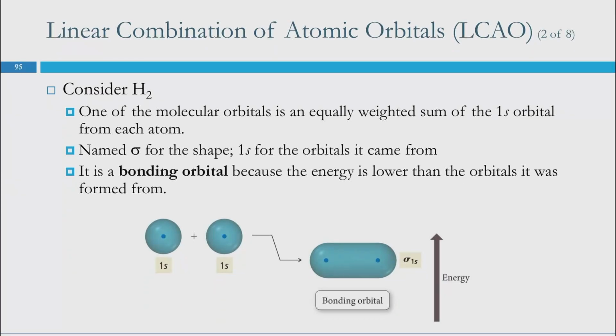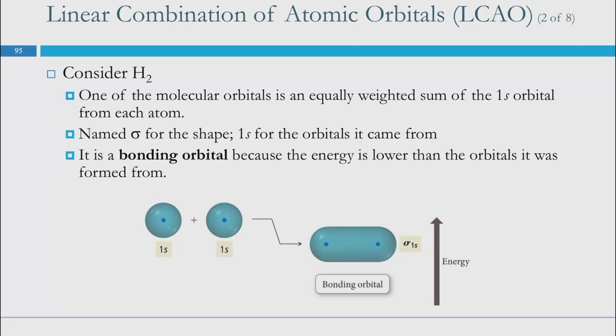Our first example of the linear combination of atomic orbitals, LCAO, is H2, kind of our simplest molecule. One of the molecular orbitals that we can come up with is if both of our 1s orbitals are in the same phase, if they're in sync.